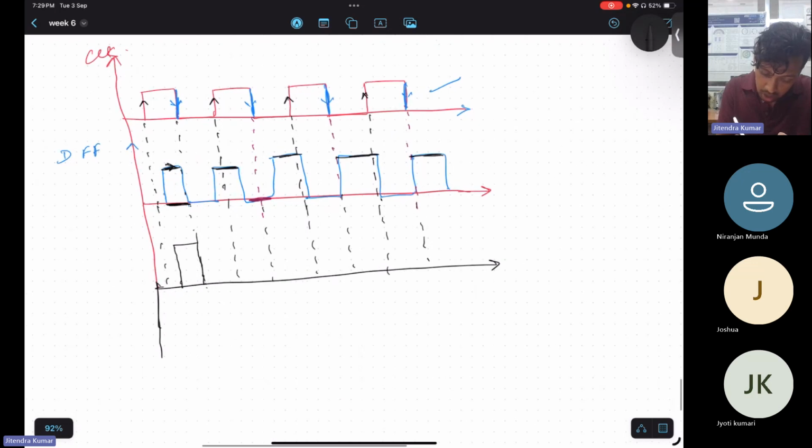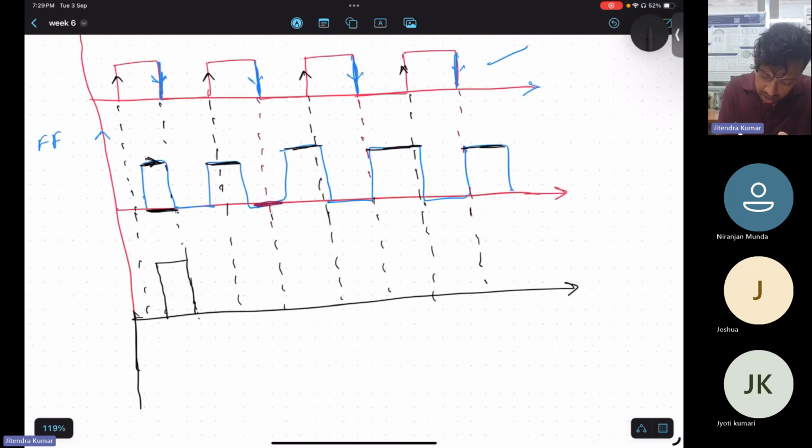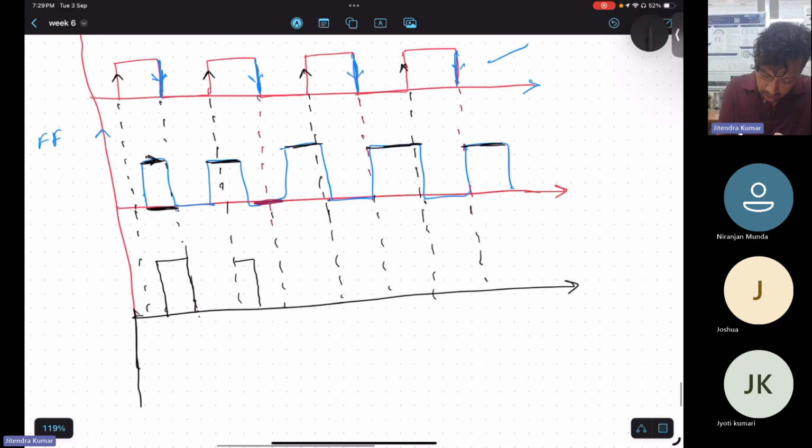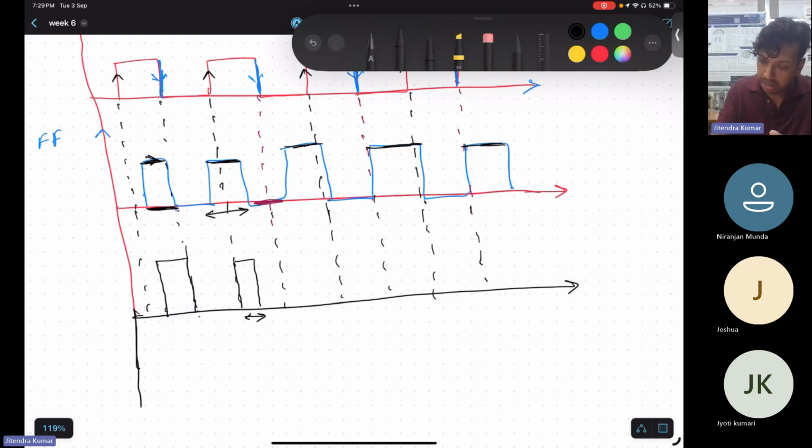This portion will not come out, right? So only this much. So here the width is this much, but here it is smaller. Okay, so please pay attention to this detail.